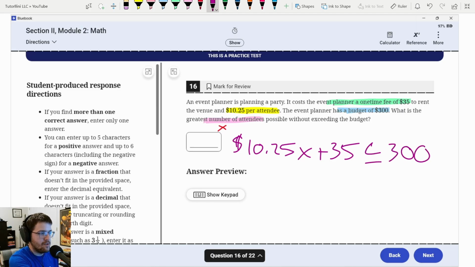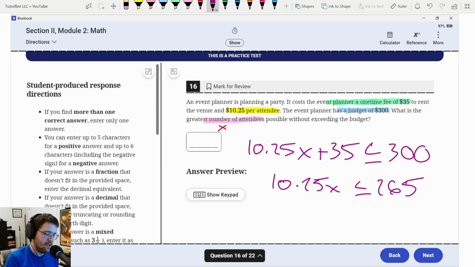So I'm going to subtract 35 from both sides, and I get 10.25x is less than or equal to 265. And now I'm going to divide both sides by 10.25. And I get x is less than or equal to 25.8537, something like that.